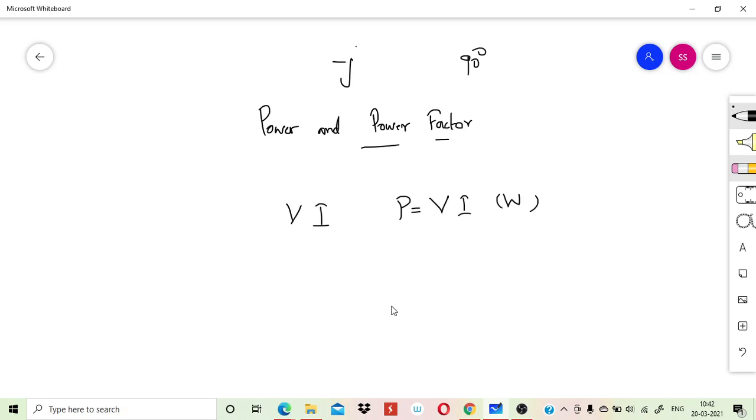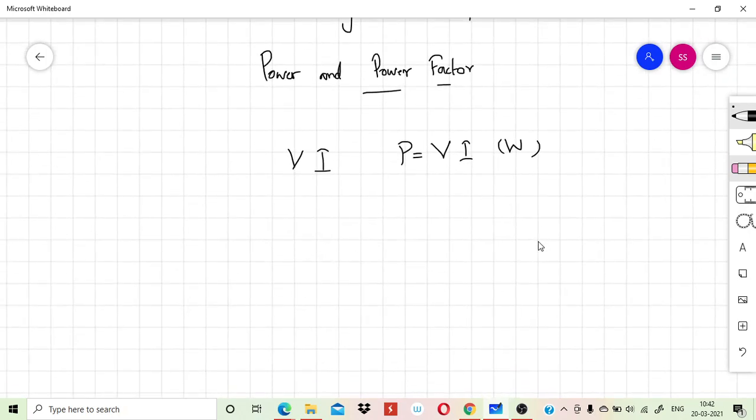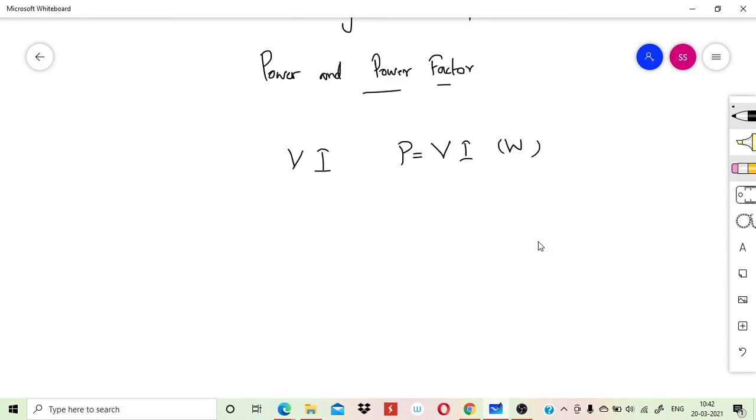This is our equation of power in a DC circuit. But when coming to AC circuits, we have to consider another term known as the power factor, so that you can define the power in an AC circuit.